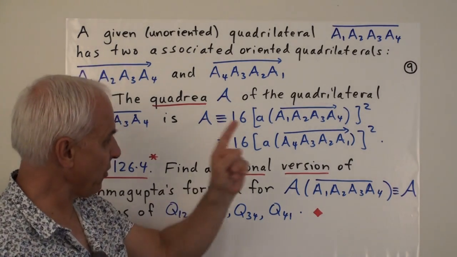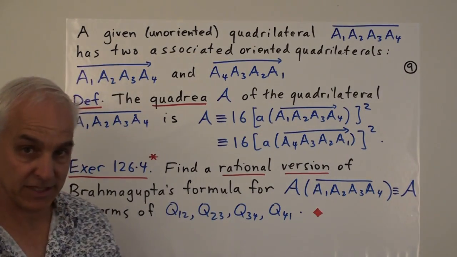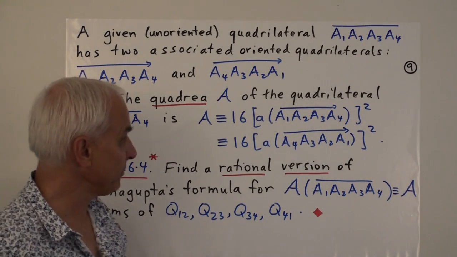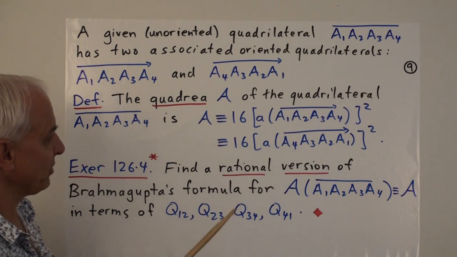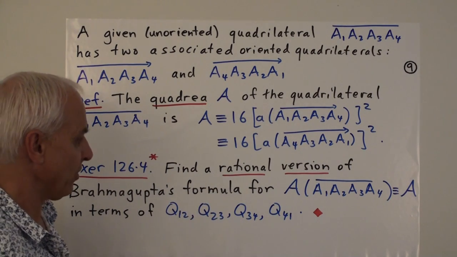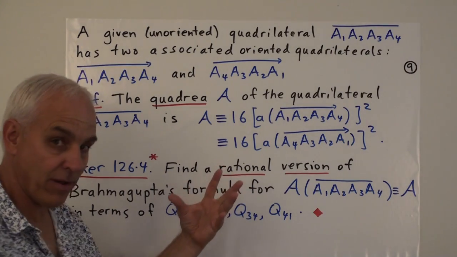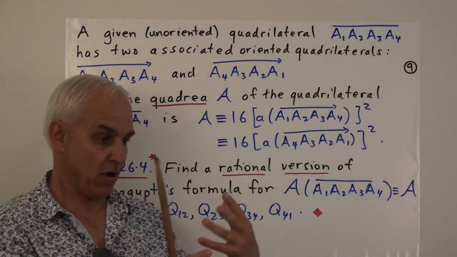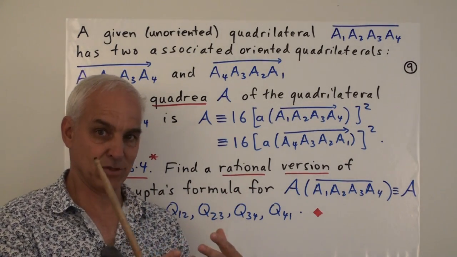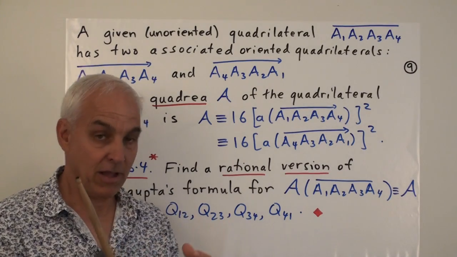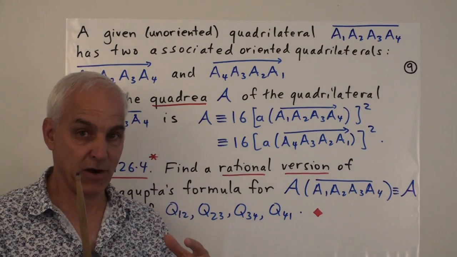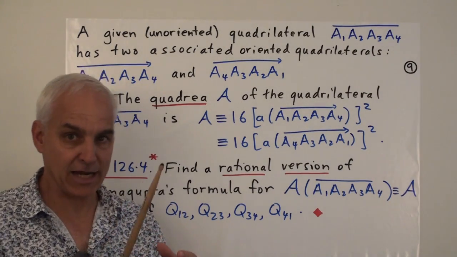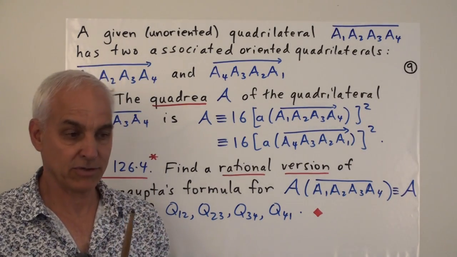But it's not entirely quadratic area because there is this factor of 16 here, which is important. All right, so this is a very natural definition, but it does take some getting used to. If you have a quadrilateral, the right notion about how big it is is not in terms of area, but in terms of quadrea. It's actually the square of the area of one of its signed quadrilaterals times 16.